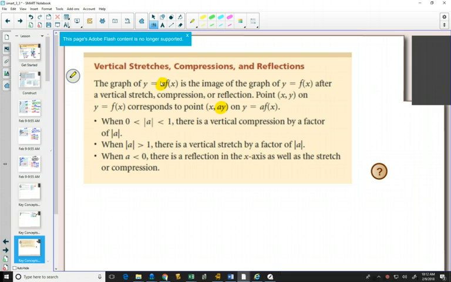So all of these extra words you don't worry about, because this is when it's abstract. They're saying a could be any number, but I think that we're able to see it with the examples that we've done, what makes something stretch vertically, and what makes something compress vertically as well.